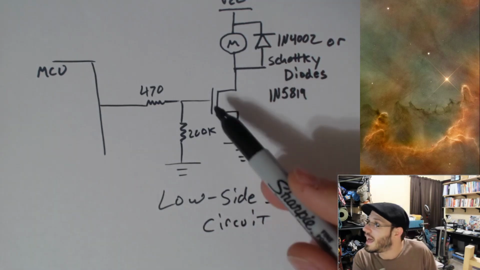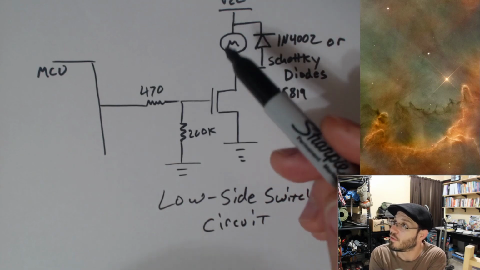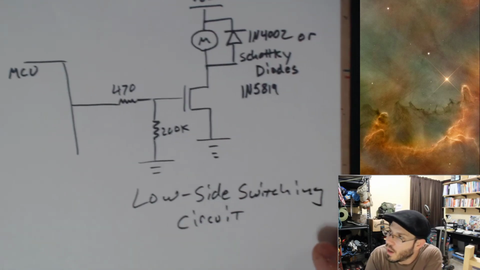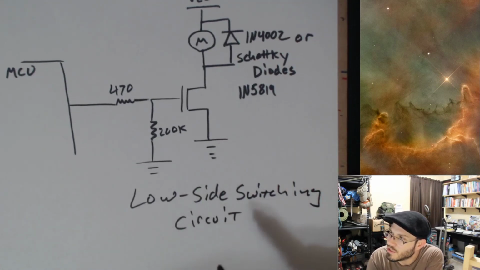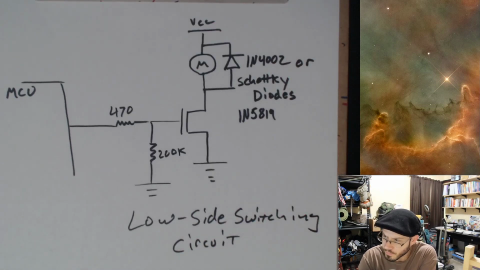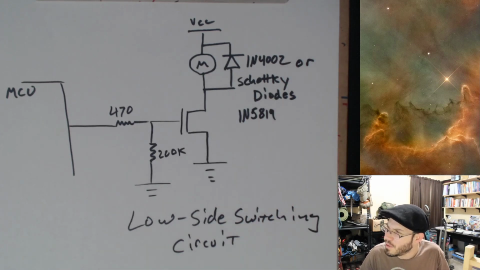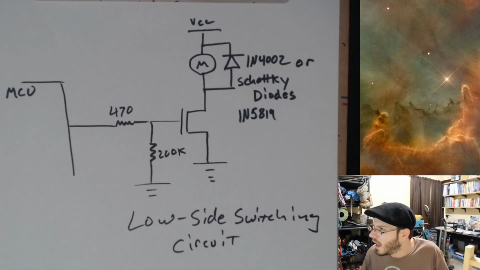The reason is that the MOSFET has to be on the low side of the motor over here. So when you're talking about a low side switching circuit, I've only ever seen it with a flyback diode. Okay. Sorry, I don't have any more. I wish I had more insight into that for you. I can always look it up.